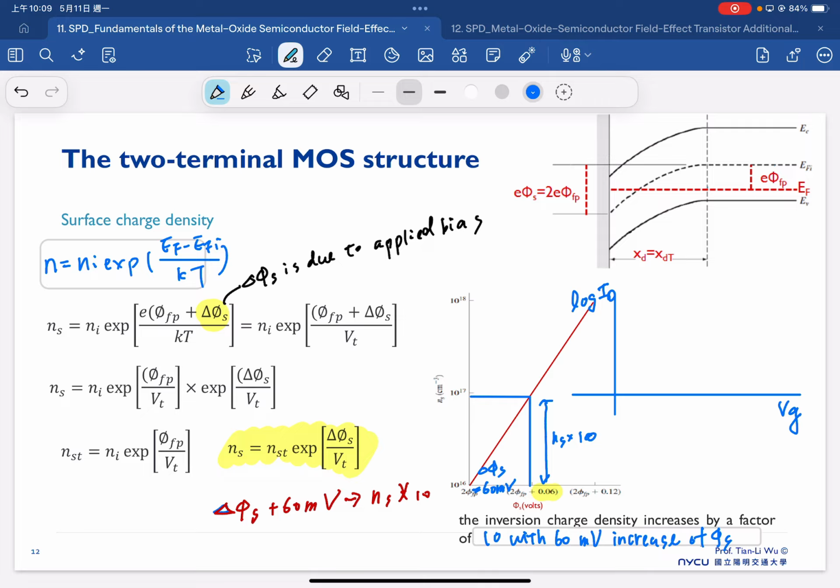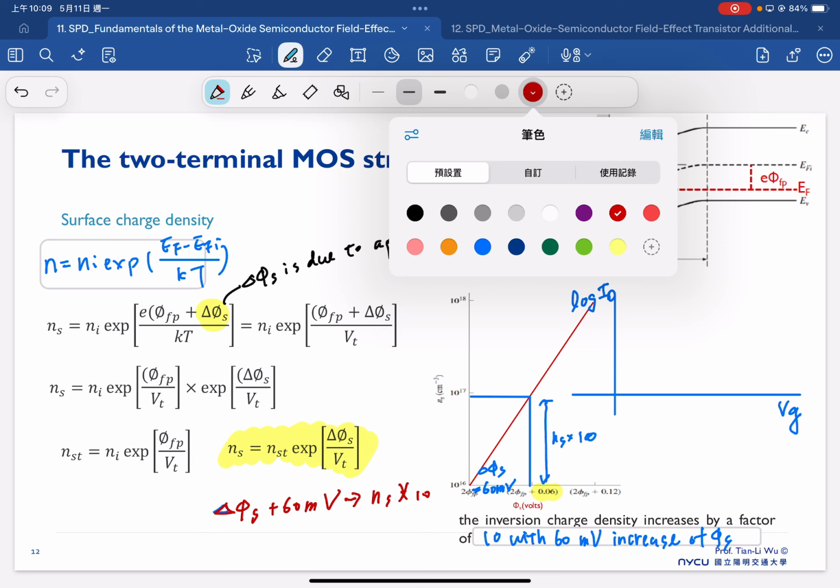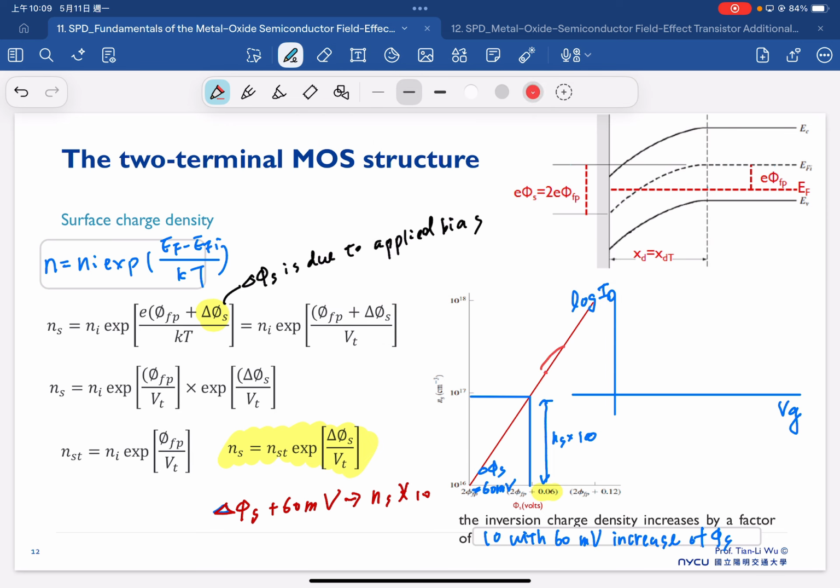So ID is proportional to Ns, and VG is proportional to phi S. In the end, this correlation can also be transformed to the ID versus VG curve.